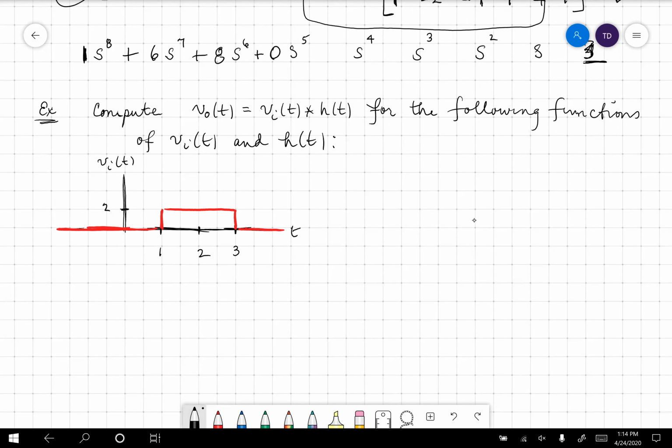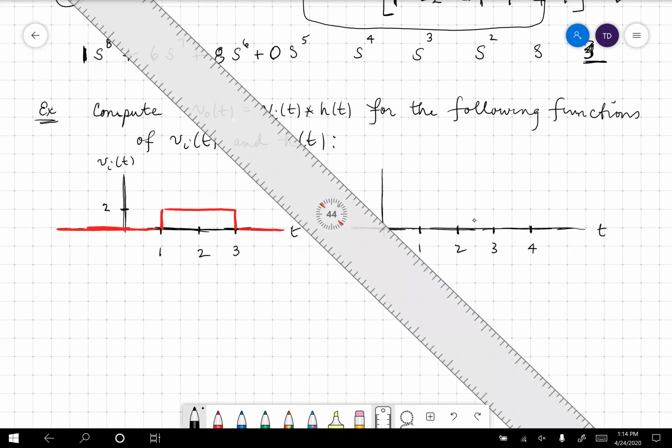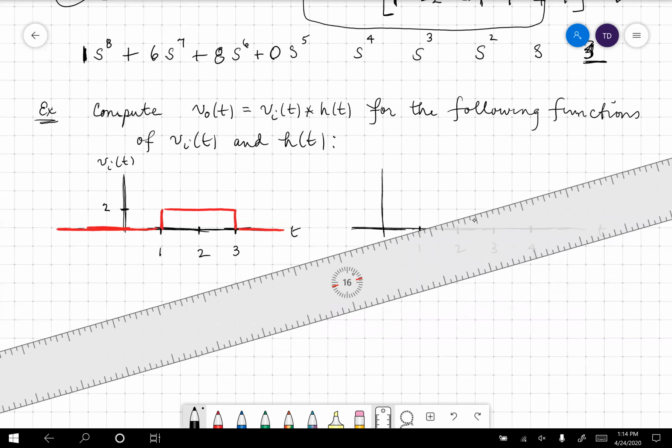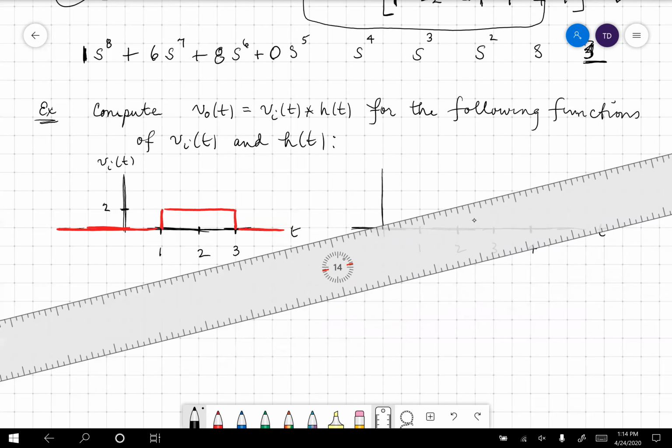Now let's draw what h of t looks like. One, 2, 3, 4. In this case, not a lot going on between these two. Let me get a ruler on this thing so I can draw this nicely. I want to go there.